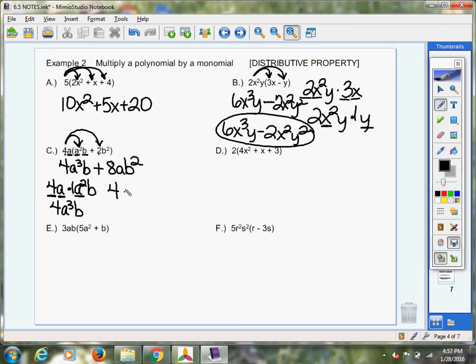Same thing, do 4a times 2b squared. Why did I write that? I wrote the answer. All right, 2b squared. 4 times 2 is 8. A has nothing to multiply to, so we'll drop it down. And b squared doesn't have anything to multiply, so we'll drop it down.